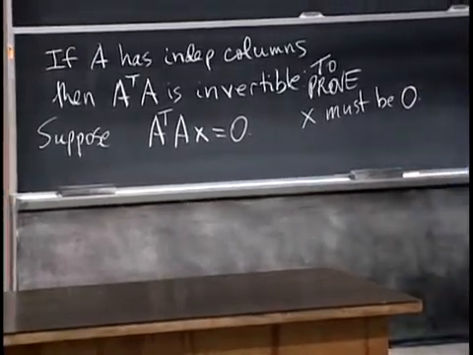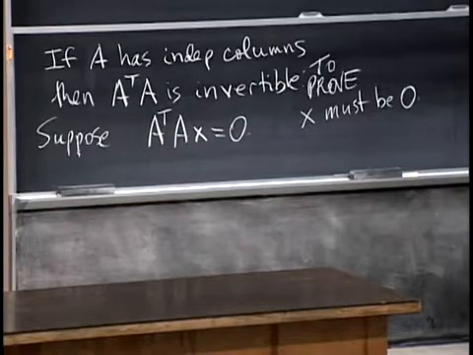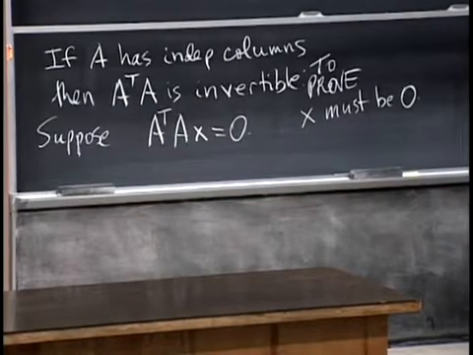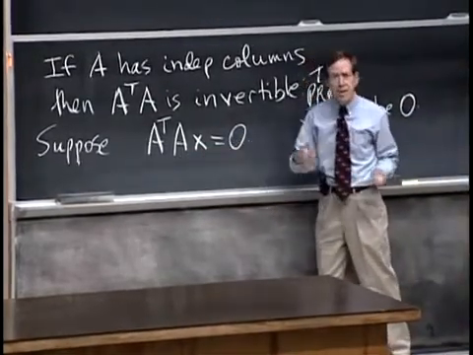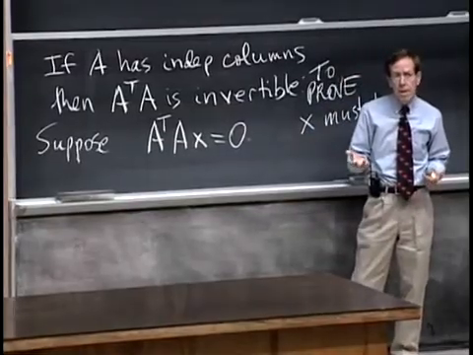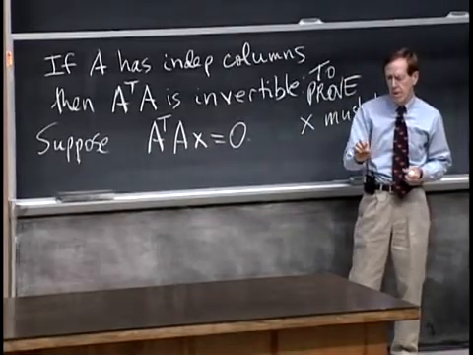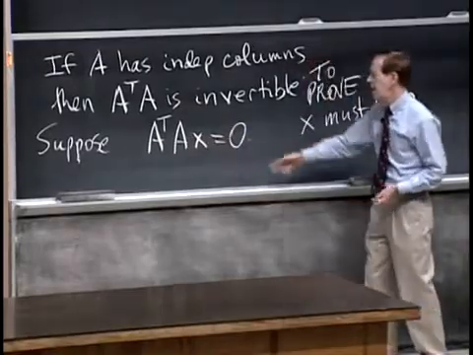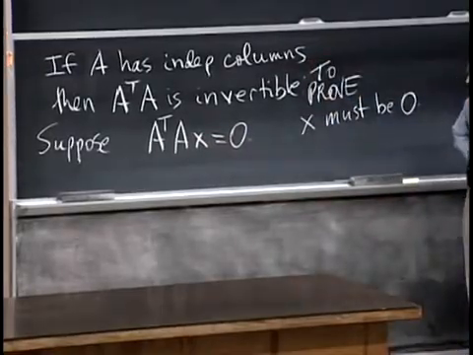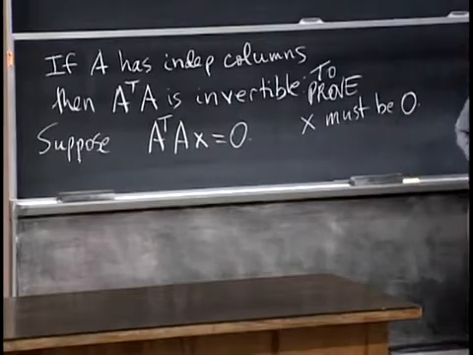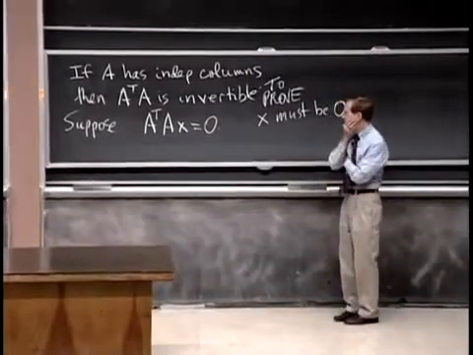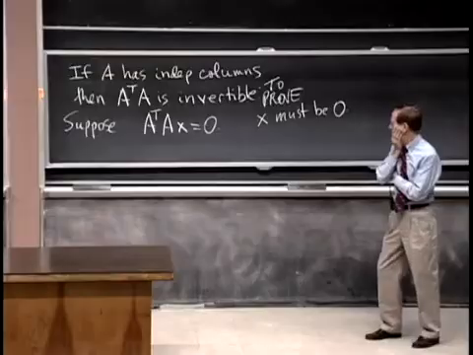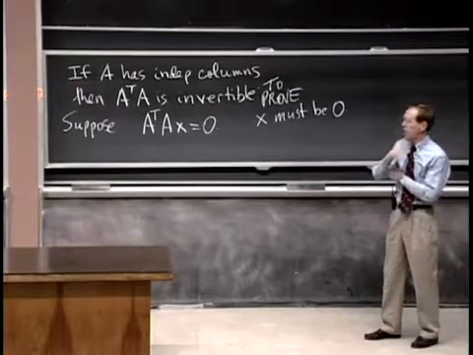That's what we worked in the previous chapter to understand: that a matrix was invertible when its null space is only the 0 vector. So that's what I want to show. How come, if A transpose A x is 0, how come x must be 0? What's going to be the reasoning? Actually, I have two ways to do it. Let me show you one way. Here, trick.